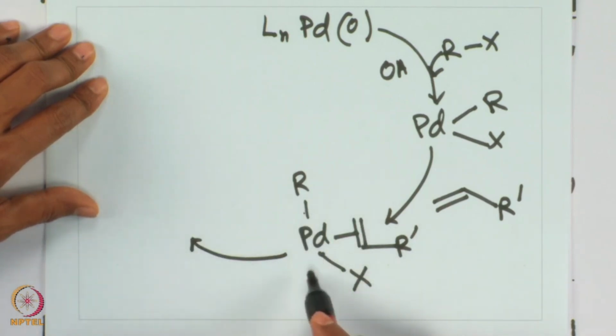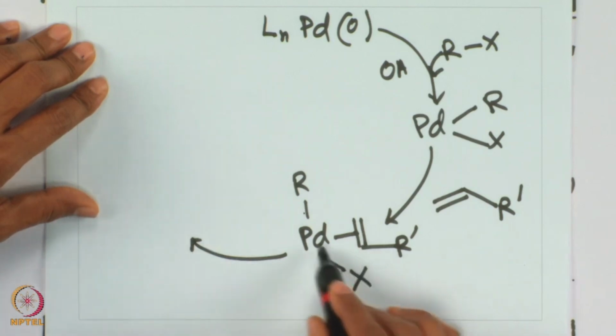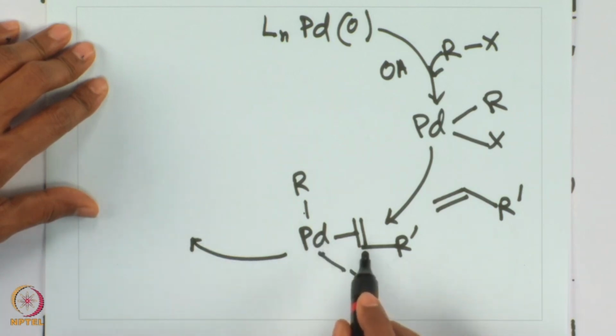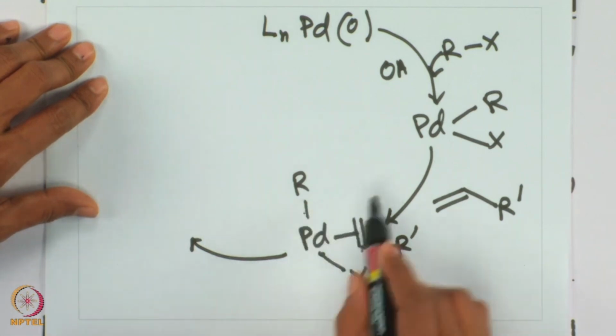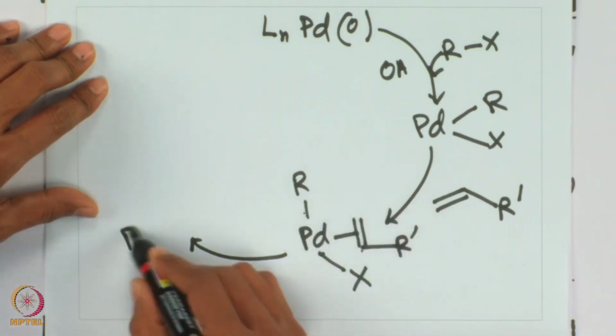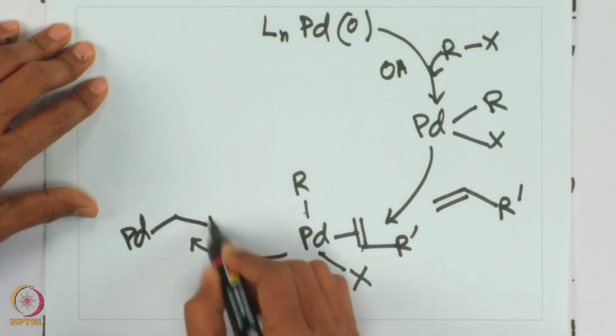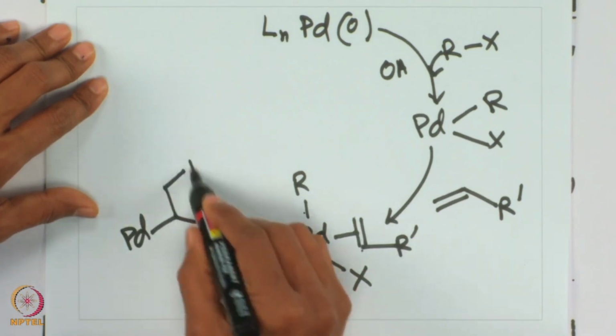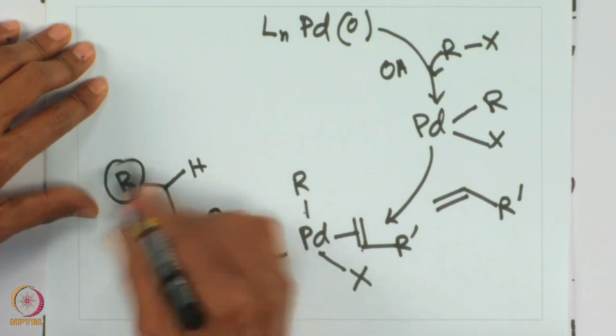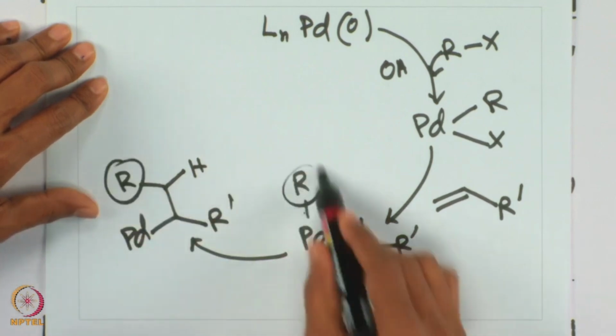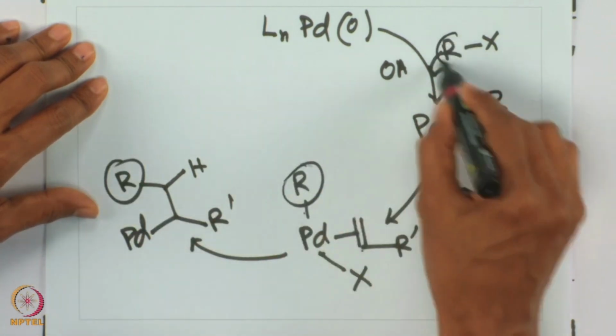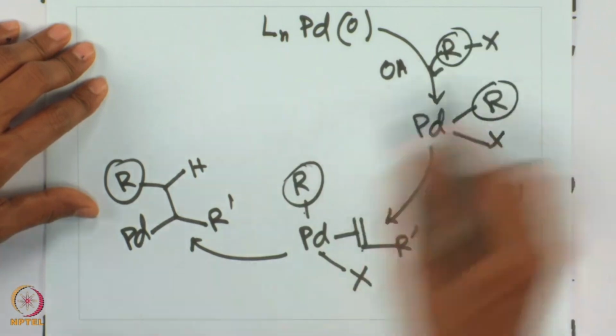Why is it a beta migratory insertion? In a moment we will see that the palladium will coordinate with one of the two carbon centers. With respect to that palladium-carbon coordination, R is at the beta position. So, the intermediate we usually get is the one where R is over this one, or over that one.